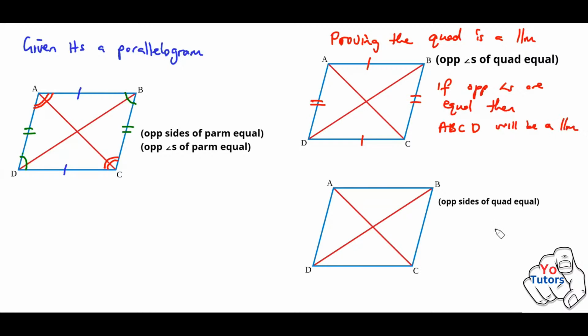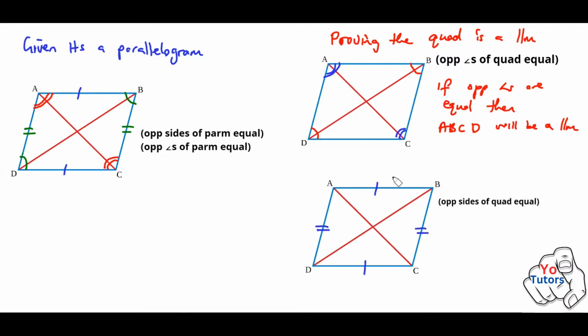That's what we are saying. But here again, what about this part here? My apology for that. I added the wrong part there. It should be the opposite angles here. I keep on saying sides. Okay, so we should be seeing here that the opposite sides are equal.